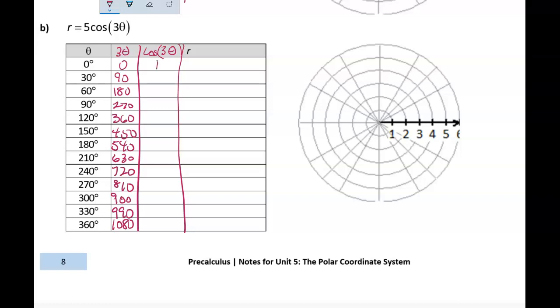Cosine starts at a maximum of 1, down to 0, down to -1, back up to 0, back up to 1. That's one full cycle. Then repeats, and then repeats again. To get the radii, we just need to multiply each of those values by 5.